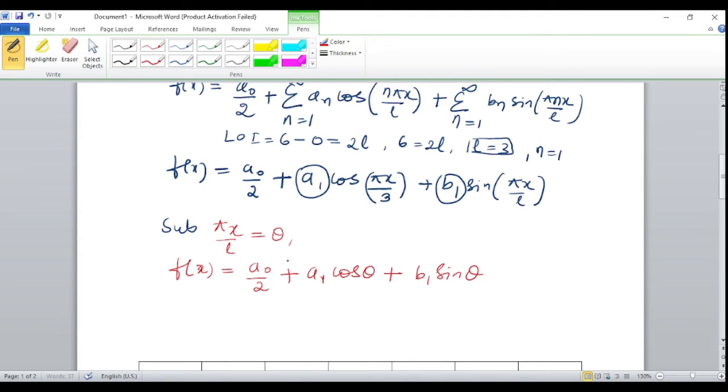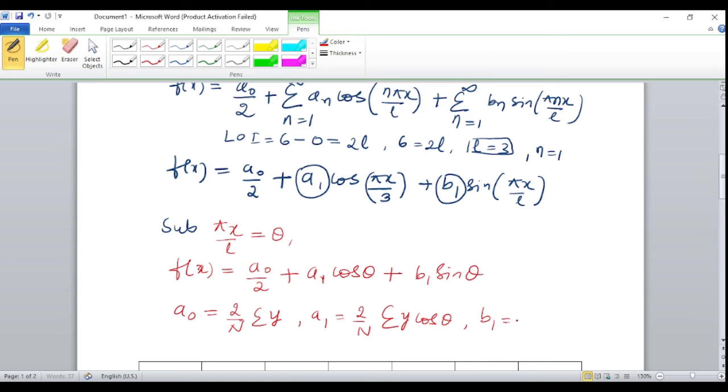So now it is very easy. What is the value of a naught? A naught is equal to 2 by n summation of y. a1 is equal to 2 by n summation of y cos theta.